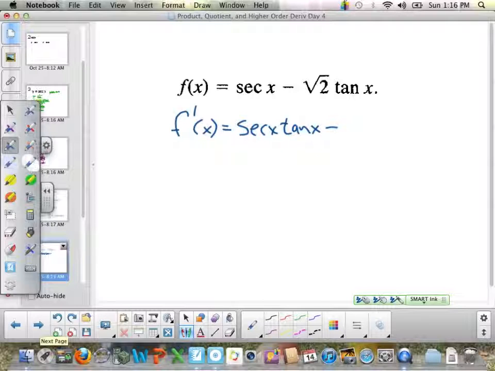Well, the square root of 2 is a constant, so we use the constant multiple rule. The derivative of tangent is secant squared. And multiply that by square root of 2. So f prime is secant x tangent x minus square root of 2 secant squared of x.